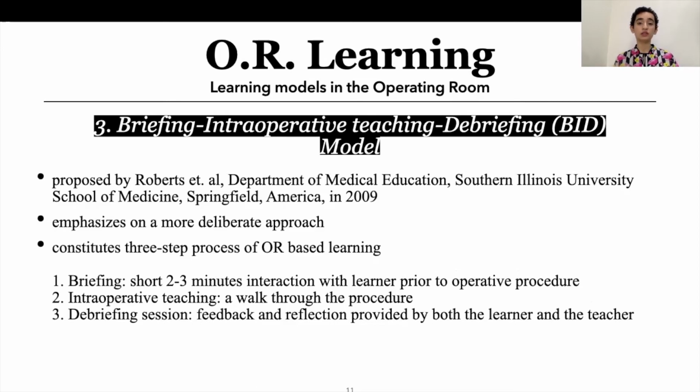The surgeon tells the students what they're going to do, why they're going to do it, and the possible complications of the procedure. Then during the procedure, the surgeon walks the students through it. And once the procedure is over, there's a debriefing session during which both the student and the teacher interact and discuss what happened, what didn't happen, and whether there were any complications.